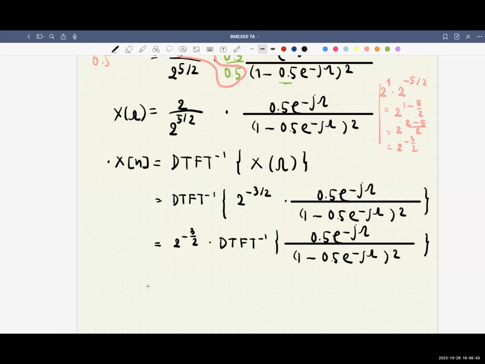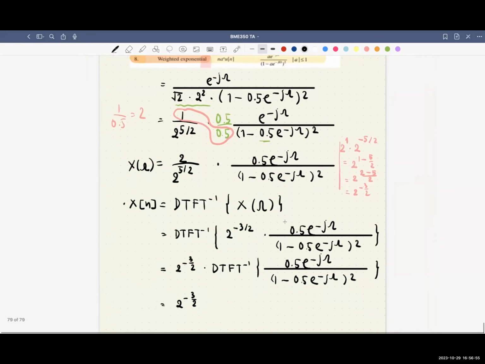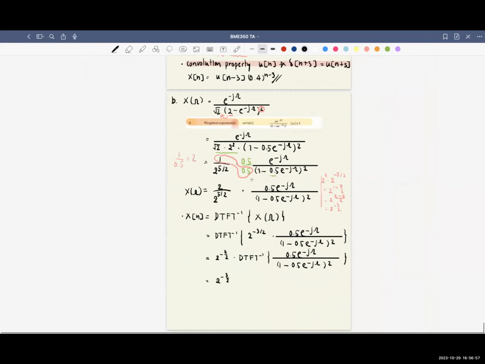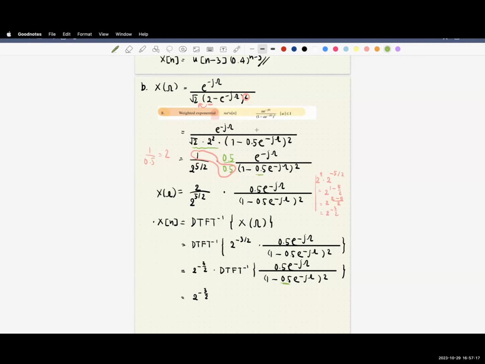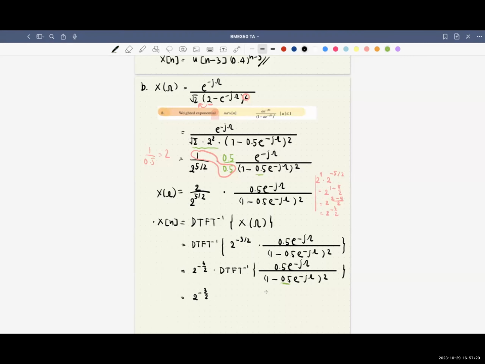Would anyone like to try giving me the answer for this inverse Fourier transform? I'll give you a hint. Did anyone want to say something? Okay, I'll just proceed on this because we are short on time.